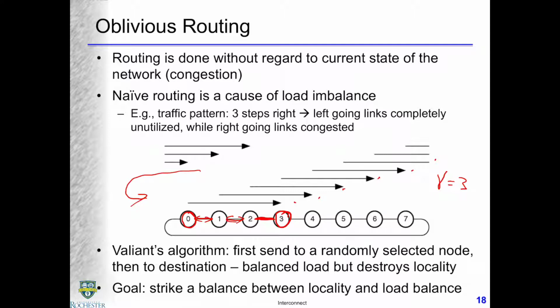So if every source node drops 1/3 the channel bandwidth for one of the channels, then the network gets completely clogged up. So load imbalance is the problem. When we don't care about what's happening in the entire system, we always pick whatever seems to be reasonable, then we may have a traffic pattern that gives us imbalance.